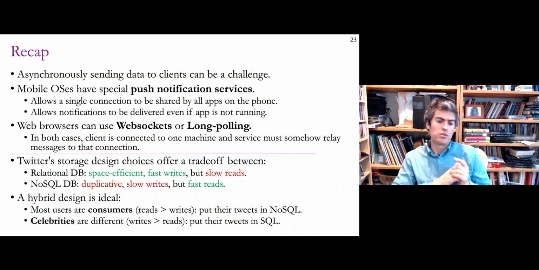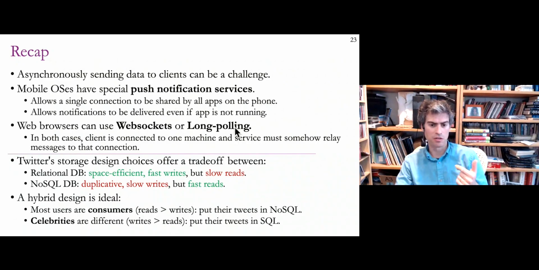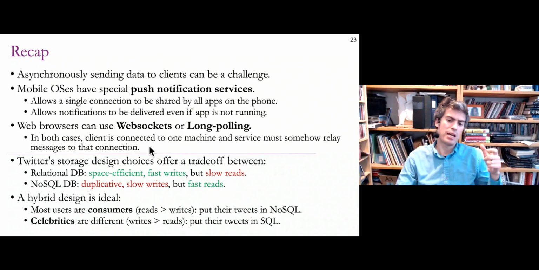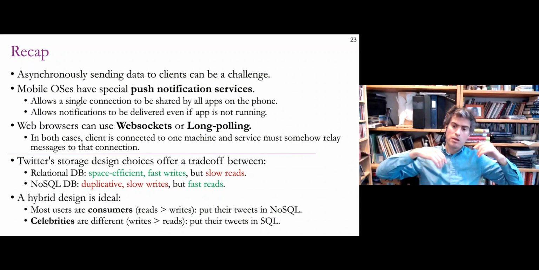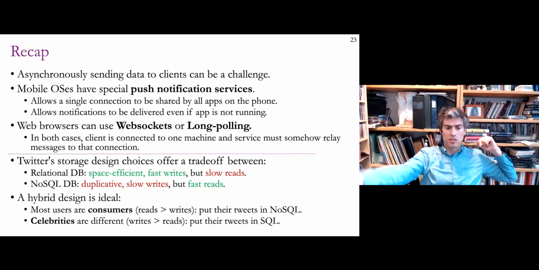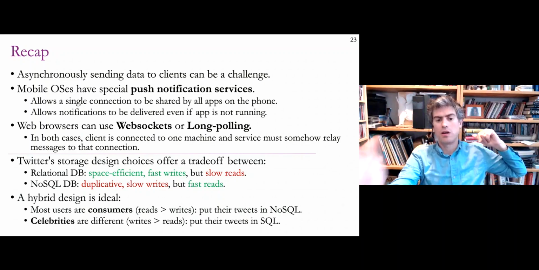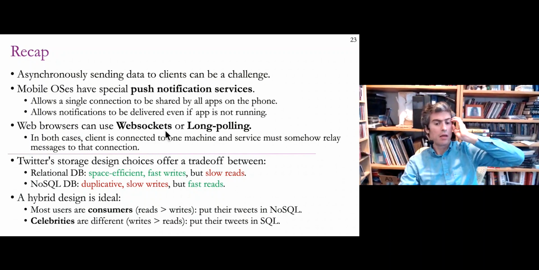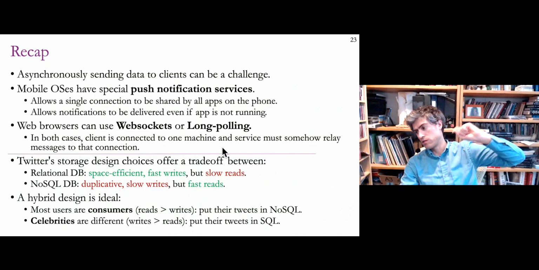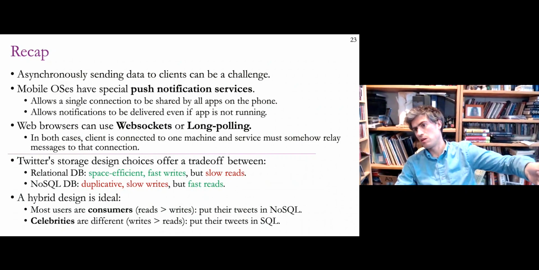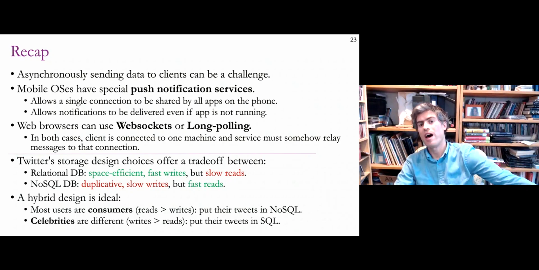Web browsers use a slightly different but similar idea that's more managed yourself, which is WebSockets. Long polling was the old style way of doing it, same idea. In this case, the web browser client is connected to one machine on your backend, and the service can deliver messages through that bidirectional WebSocket. But the big challenge there is that the backend service that's requesting the delivery of the message has to find that connection.